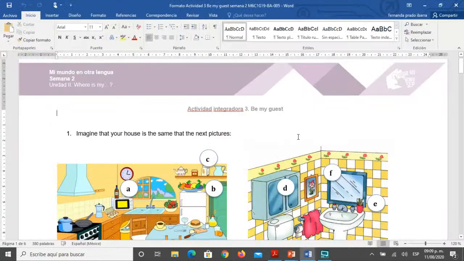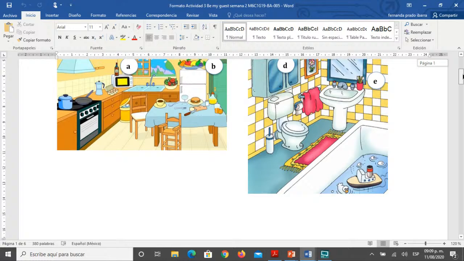Okay, so the first activity of this second week will be integrative activity number 3, Be My Guest. And we're going to imagine that we're going to invite someone to our house. So in order to explain to him or her where the things are located, we have to use some grammatical notions in English.